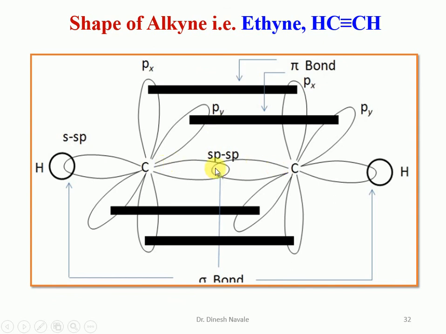This is a carbon-carbon sigma bond formed by sp of one carbon atom and the sp hybridized orbital of the other carbon. Whereas the triple bond is formed by the unhybridized px as well as py orbitals, and the CH bond is a sigma bond formed by the sp hybridized orbital of the carbon and the s orbital of the hydrogen atom.